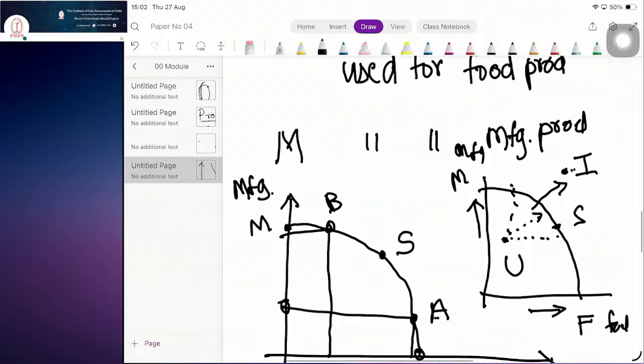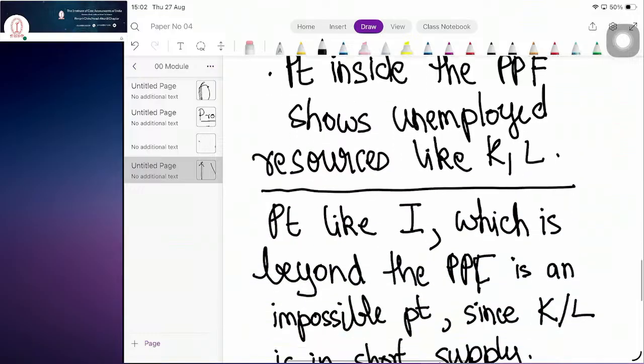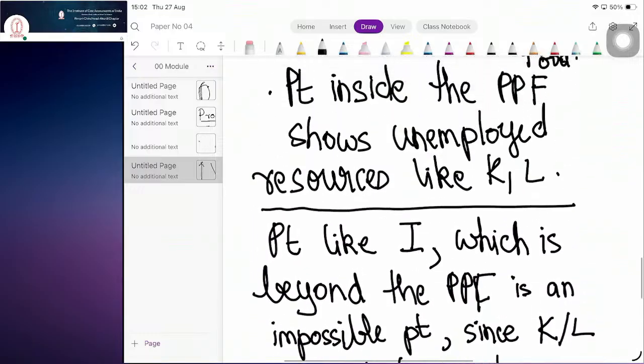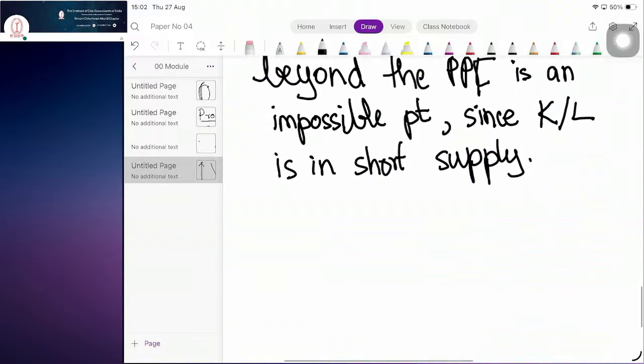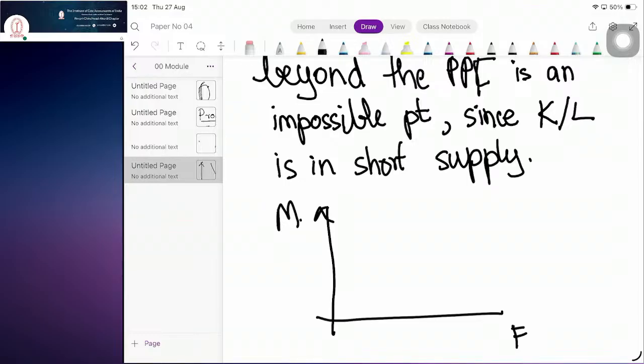Okay, so we have now got cases and situations like this. Say food and manufactured goods. Points on the border are efficient.